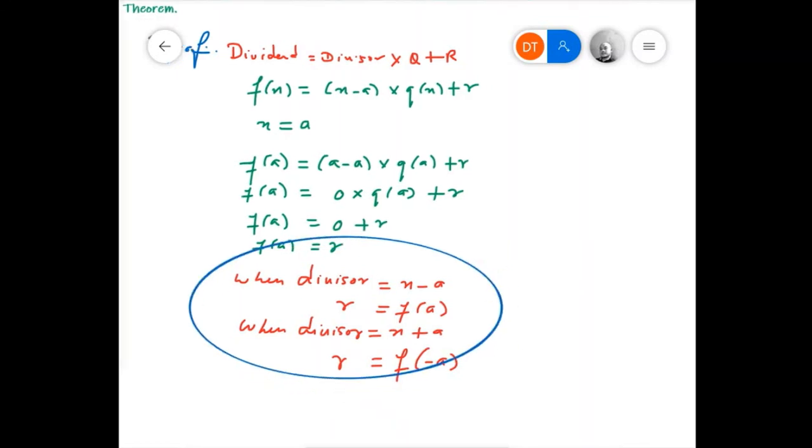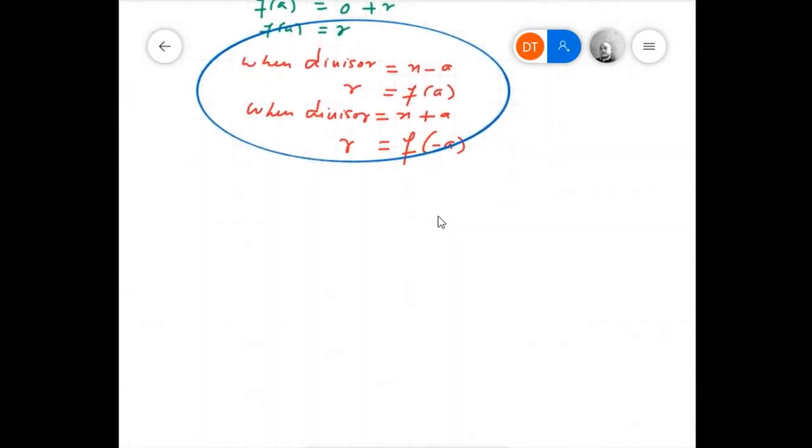Now let's solve some examples related to the remainder theorem. We will use the previous example that we took when we began this chapter. p of x equals 2x square minus 3x plus 6, this is the dividend, and the divisor was given as x minus 2.